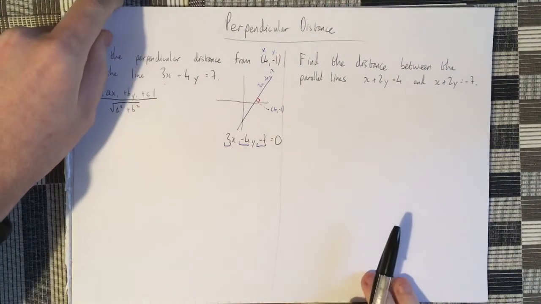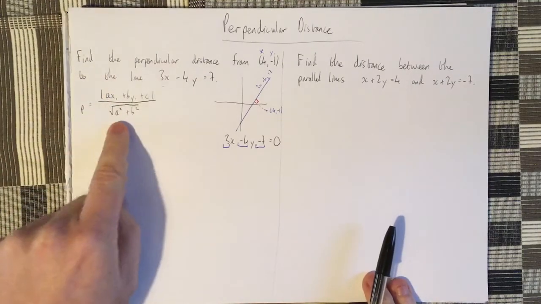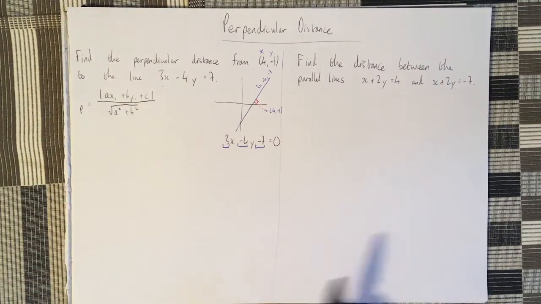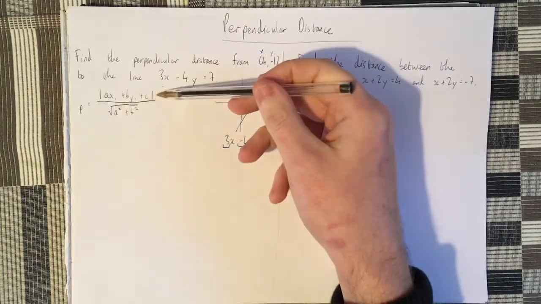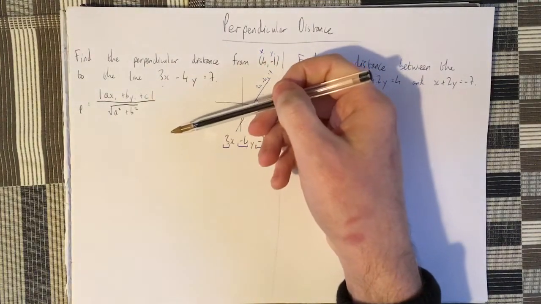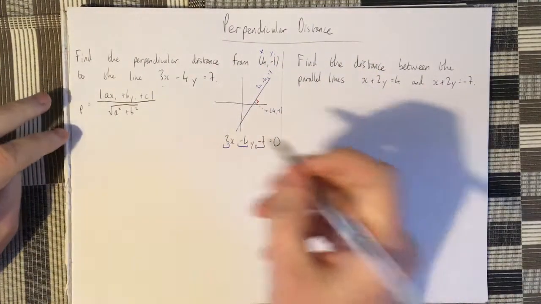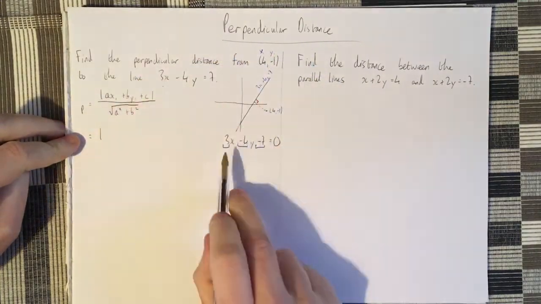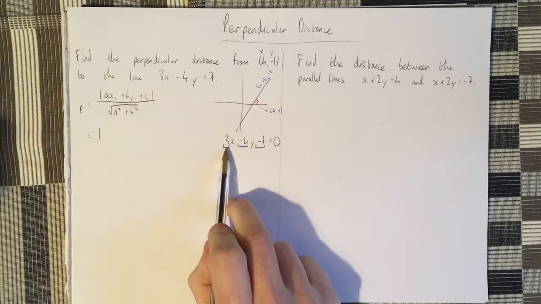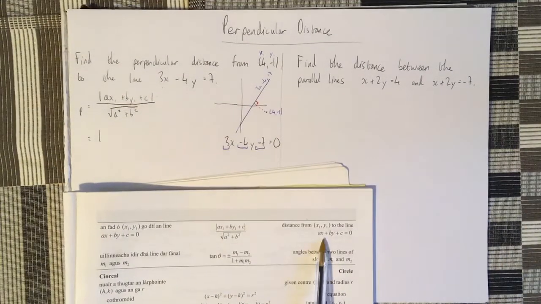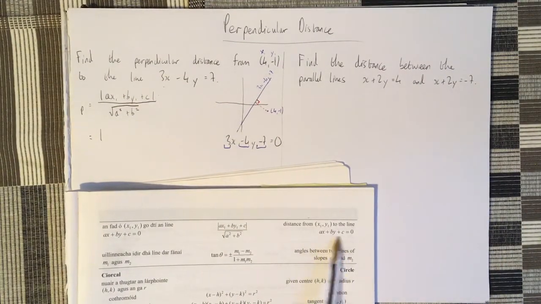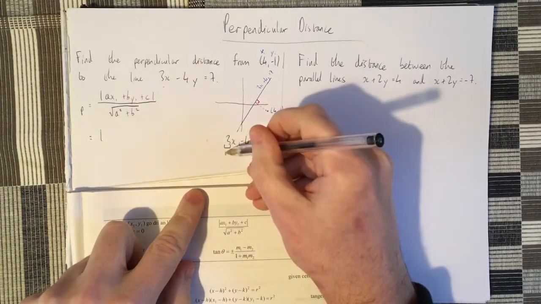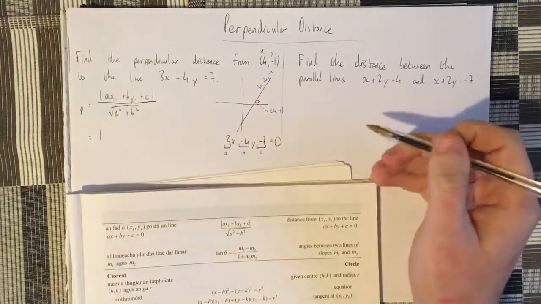You can see the formula here has absolute value signs on top and then two numbers squared and added together on the bottom. So it's going to give us a positive number on top and a positive number on the bottom. Distance has to be positive, all right? So this is equal to the absolute value of a, so that's the number in front of the x. So here is where you get your a, b, and c.